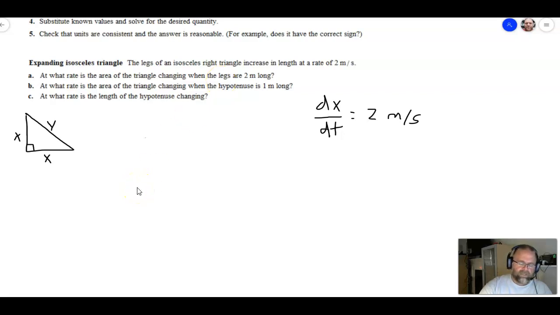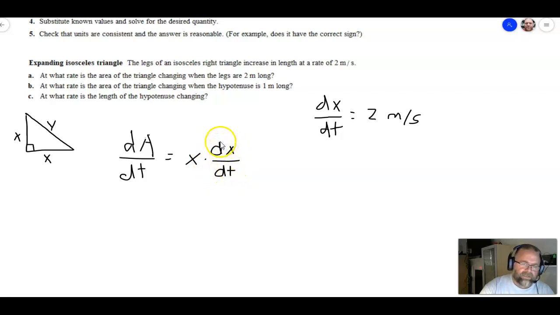So really, there's quite a few ways I can do this. But I did get the equation from before, dA over dt is equal to x times dx over dt.